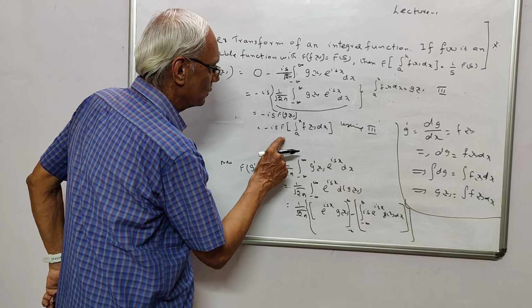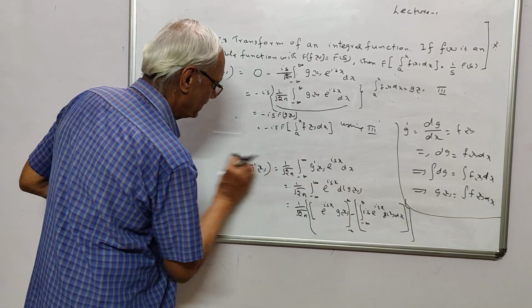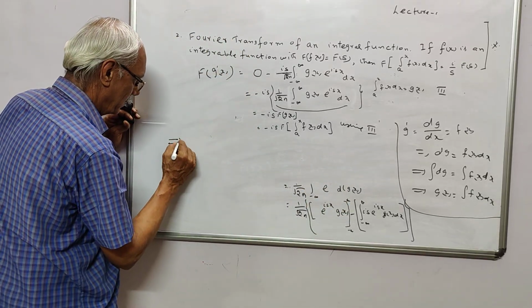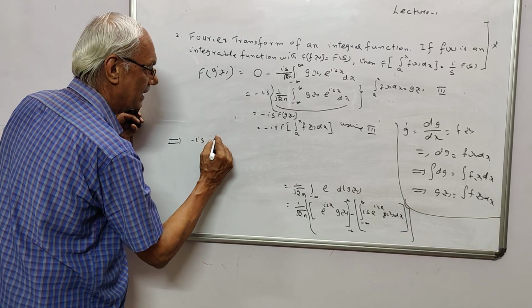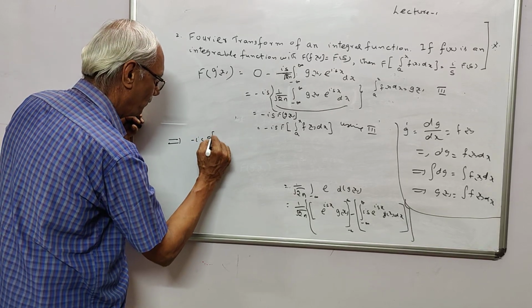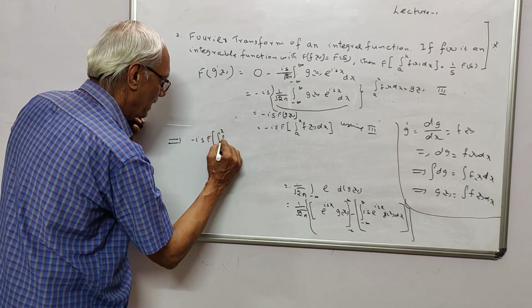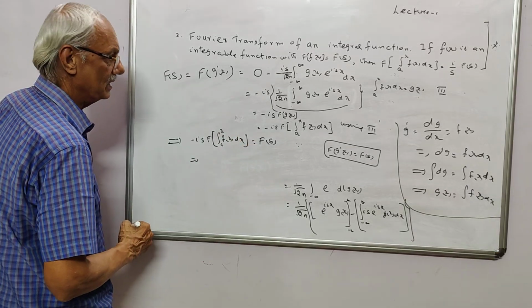So you see that in the place of g of x I can substitute here. Now this implies, I'll write here, minus is F of integral of a to x f of x into dx.